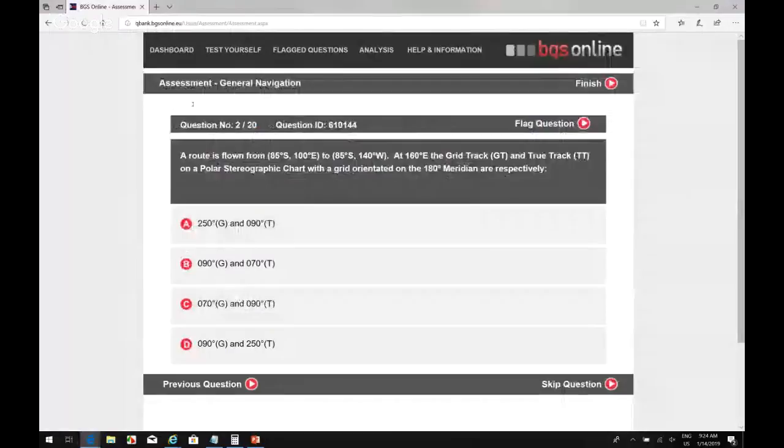So a route is flown from 85 south, so staying on the same latitude, from 100 east to 140 west. That's going to go over the anti-meridian, isn't it, the Greenwich anti-meridian. So at 160 east, the grid track and true track on a polar stereographic chart with the grid oriented on the 180 meridian are, respectively.